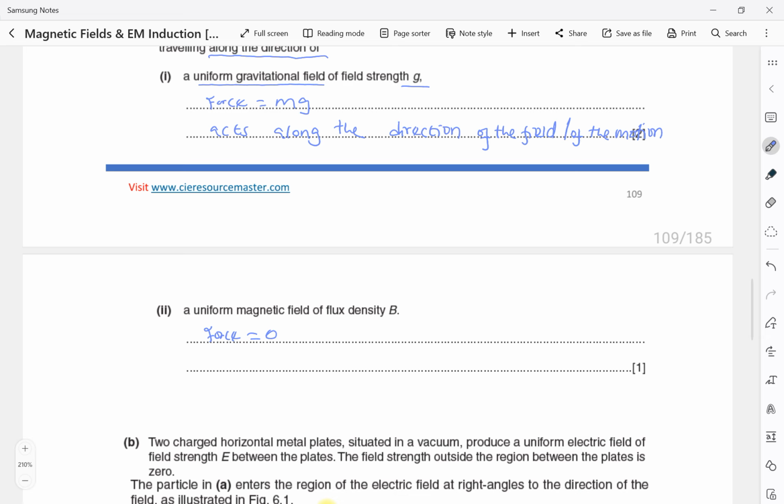The force equals zero because magnetic force only acts when a charged particle has a velocity component perpendicular to the field.